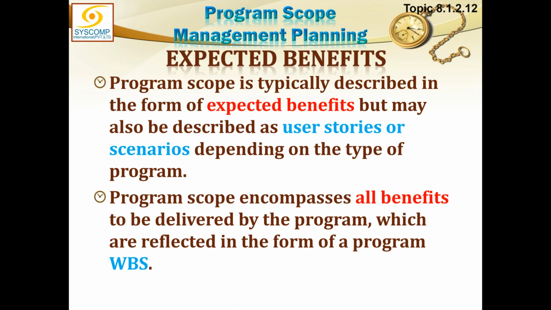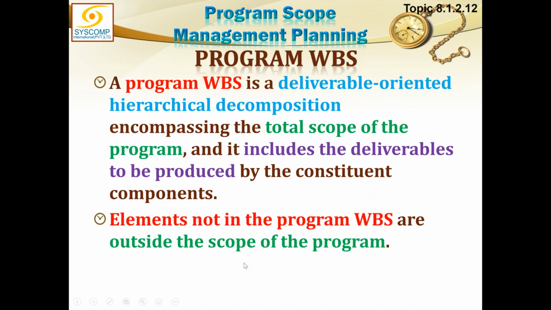Program scope encompasses all benefits to be delivered by the program, which are reflected in the form of the program work breakdown structure, which is a deliverable oriented hierarchical decomposition. When you define the deliverable for a specific component, that is all.